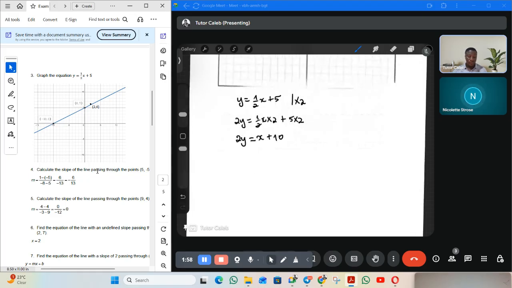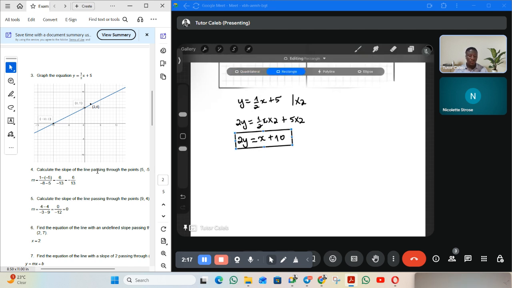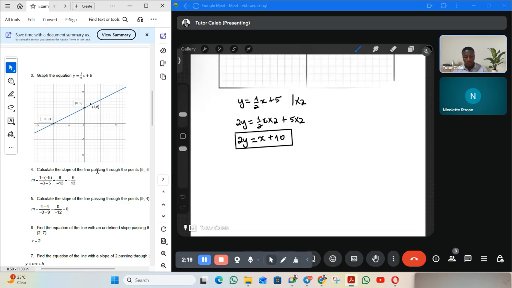Yes, I multiply every term in the equation by 2. Now, this is my new equation. I'm going to use this equation instead of the previous one. You see that the new equation has no fraction.